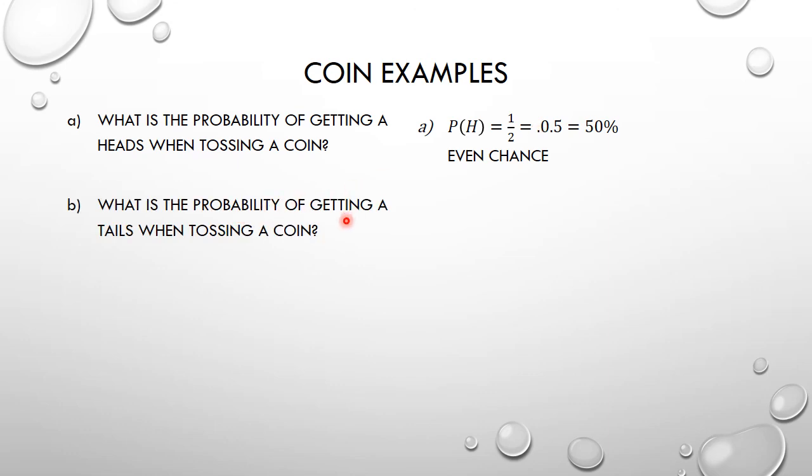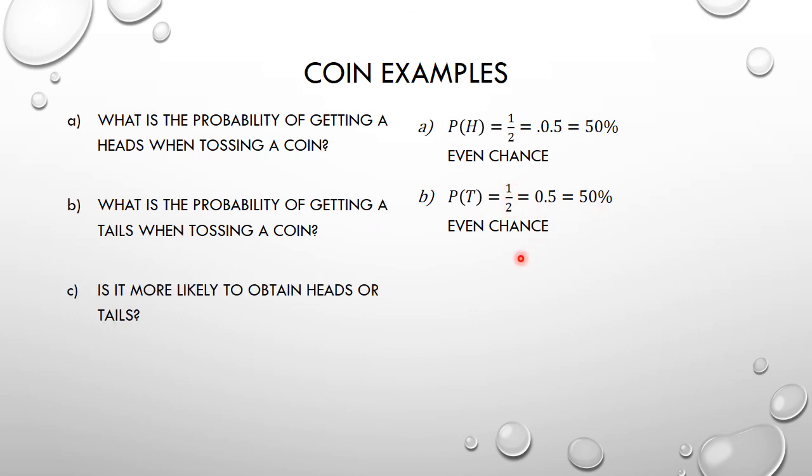Then what's the probability of getting a tails? Again, there's 1 tail, 2 sides, 0.5, 50%, even chance. Is it more likely to get a heads or a tails? Again, interpretation of our answer, 50-50, so there's an even chance. There's an equal chance for both.